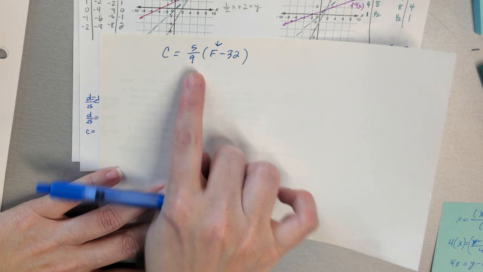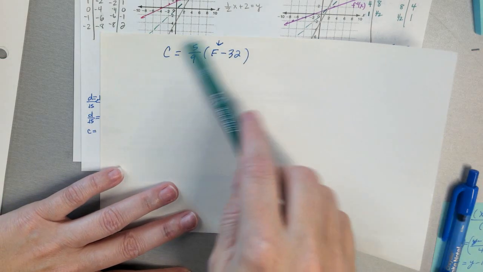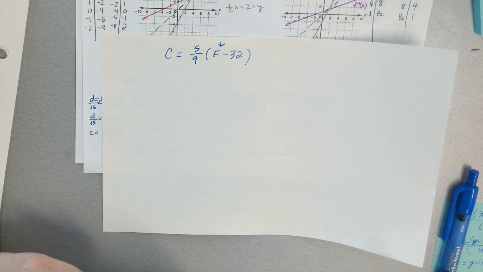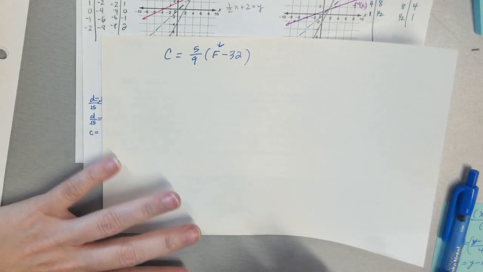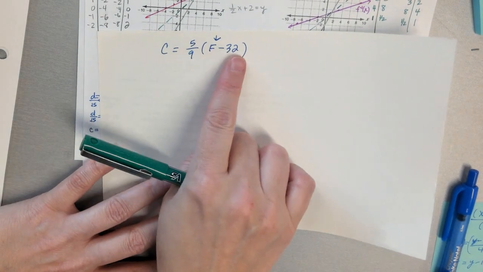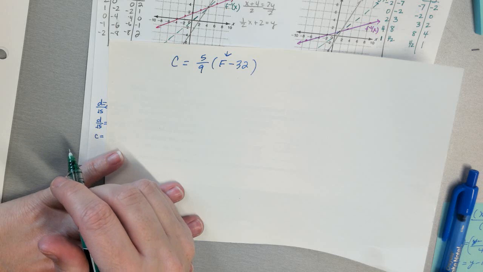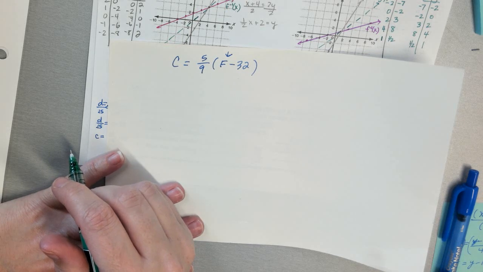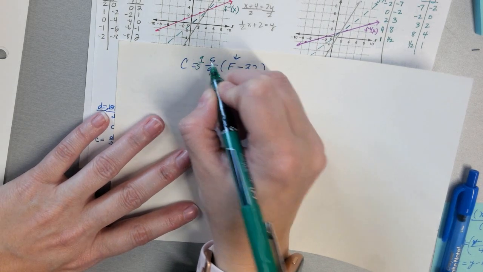So it's a very similar process, right? How do I move over what's in front of the fraction? I mean, here, the fraction's in front. How do I move over what's in front of the parentheses? Yeah, you could, but do you really want to do 5 times 32 divided by 9 without a calculator? I wouldn't. So how do you move over the fraction? Multiply by the reciprocal.